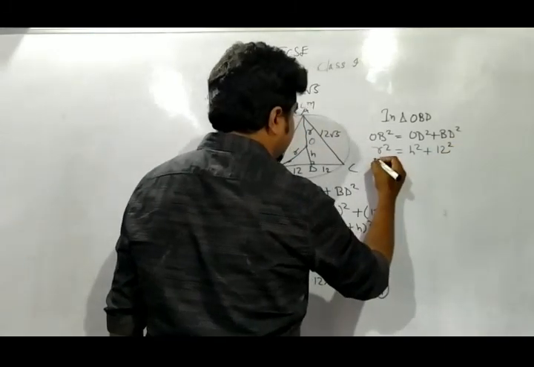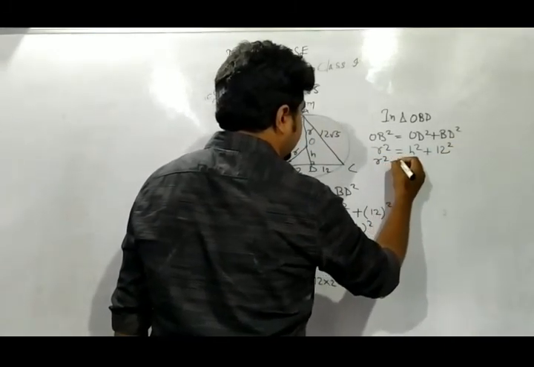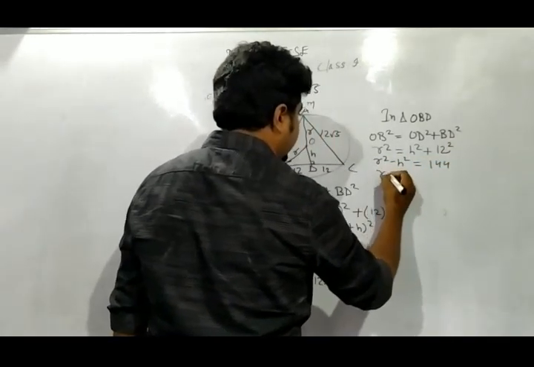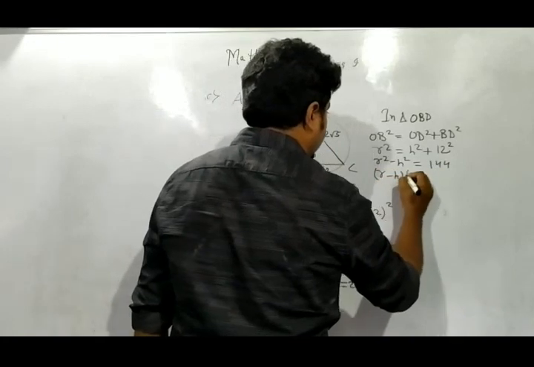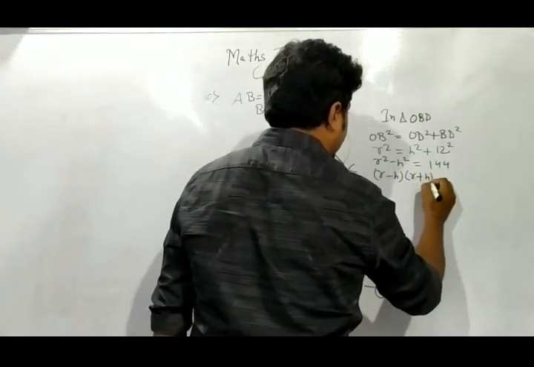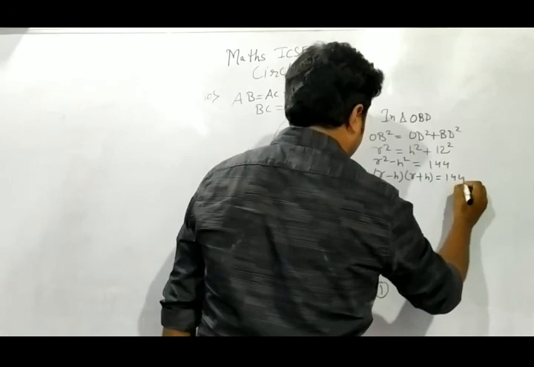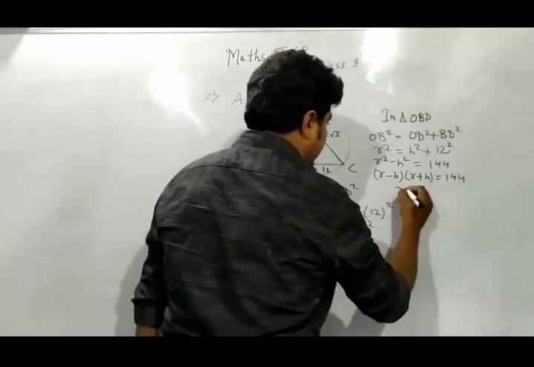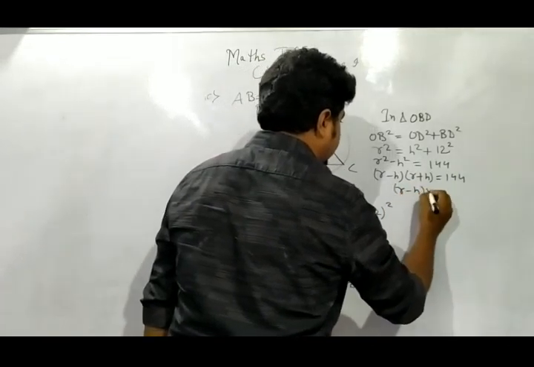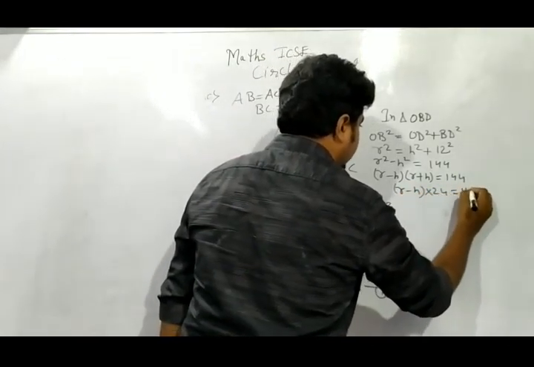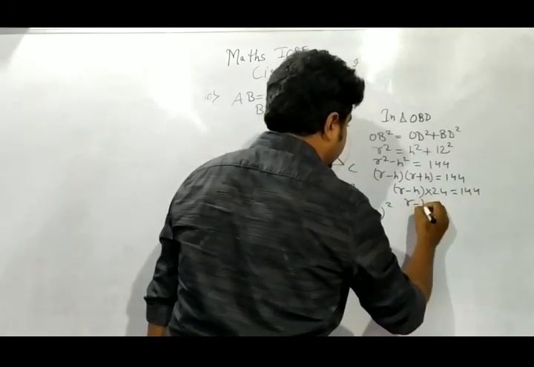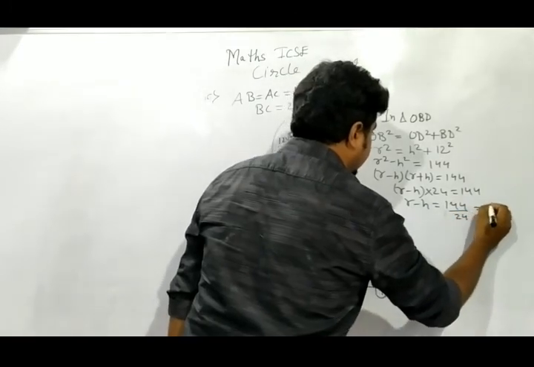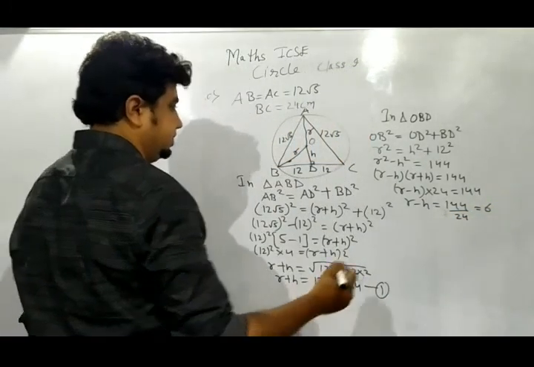So from here I can write R square minus H square is equal to 12 square, which is 144. I can write R minus H into R plus H is equal to 144. Now we know R plus H is 24, so R minus H into 24 is equal to 144. We are getting R minus H equal to 144 by 24, which comes out to be 6. This is R minus H.